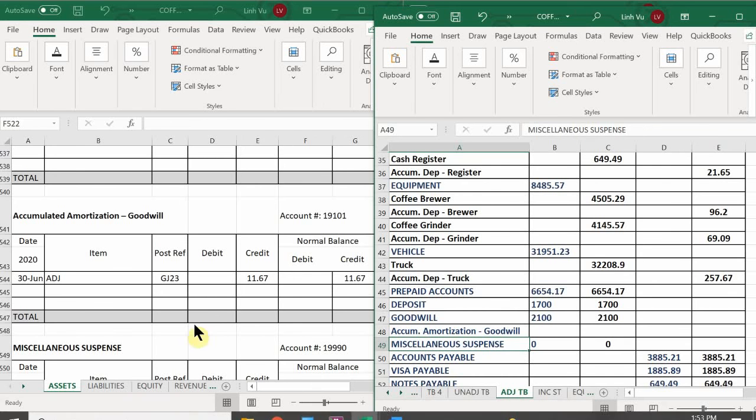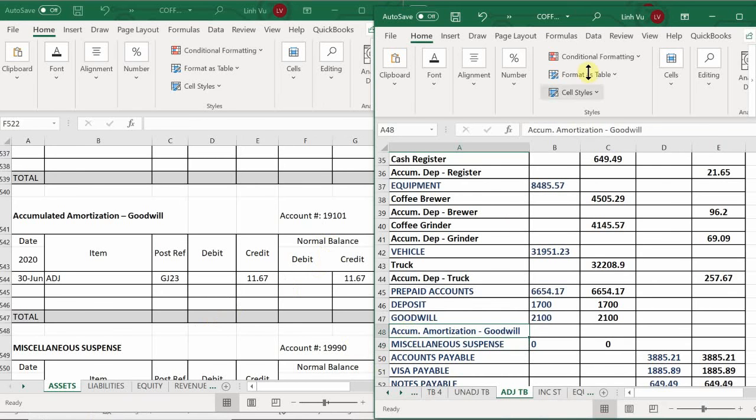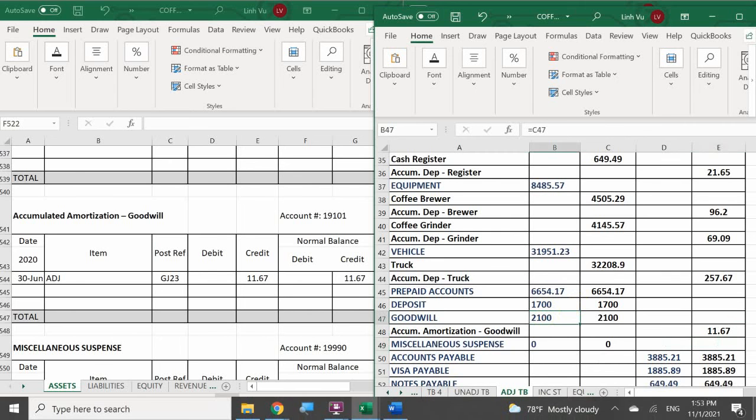I'm going to make this a different color so you know this is a small account. So in this case, how much was my accumulated amortization for my goodwill? 1167. So therefore, my goodwill is no longer 2100.